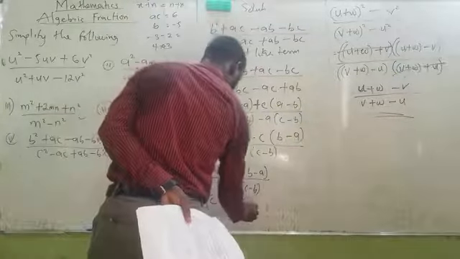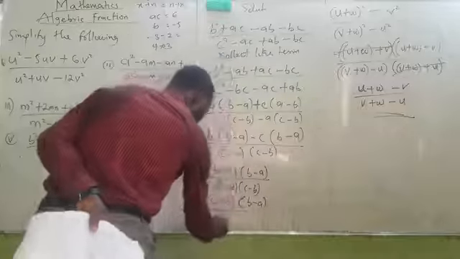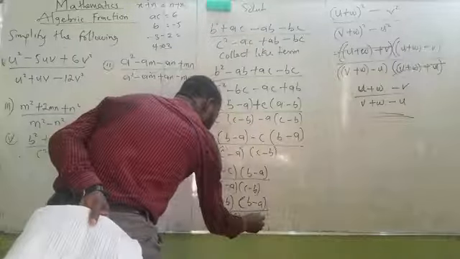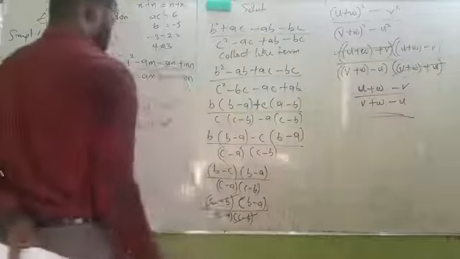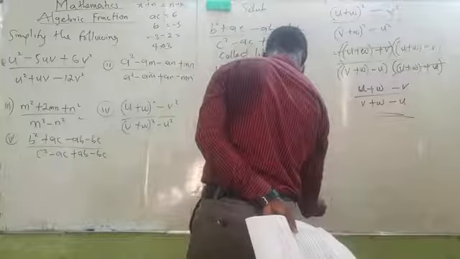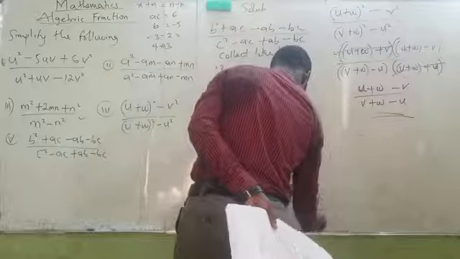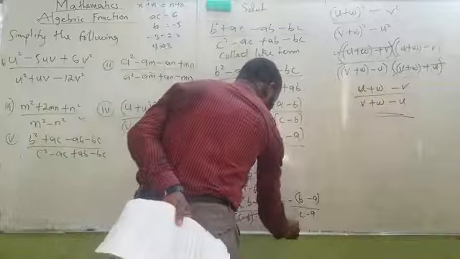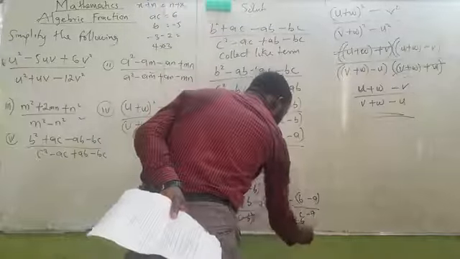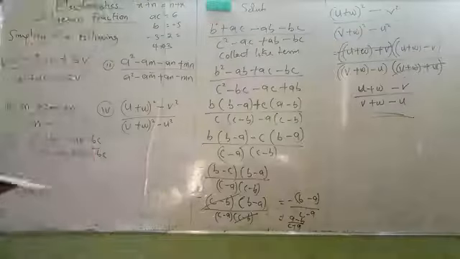It will be b minus a divided by what? c minus a and what? c minus b. This, we can cancel this. Now, my answer will now be what? Minus b minus a divided by what? c minus a. Now, which I can also write as a minus b divided by what? c minus a. That is my final answer for that.